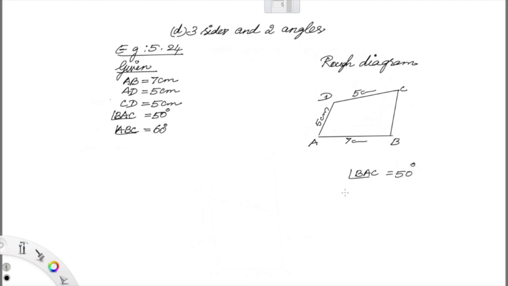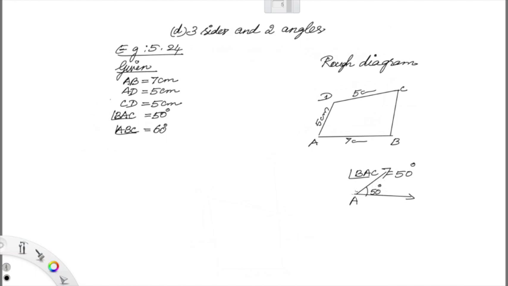And now you see at vertex A, you should take this 50 degree, and how does an angle form? An angle will be formed in between two rays, isn't it? In between two rays, an angle will be formed. And here it is said, this is your A. That's why you are getting this as 50 degree.